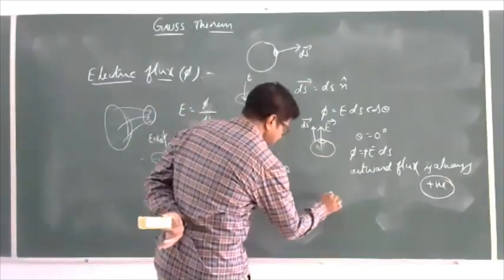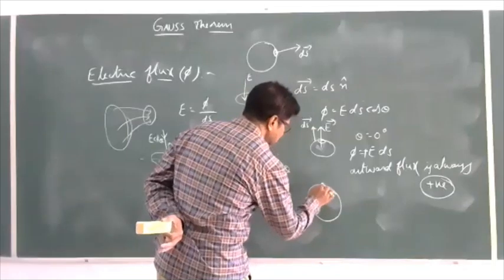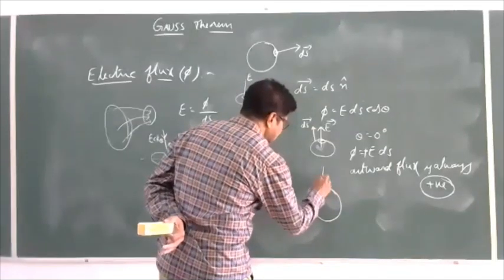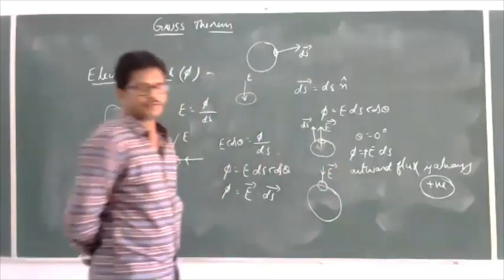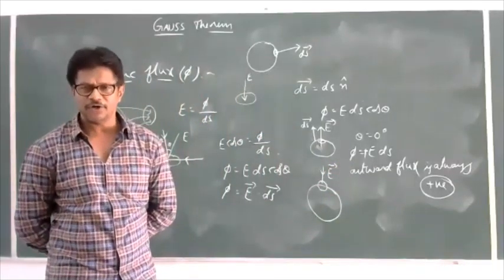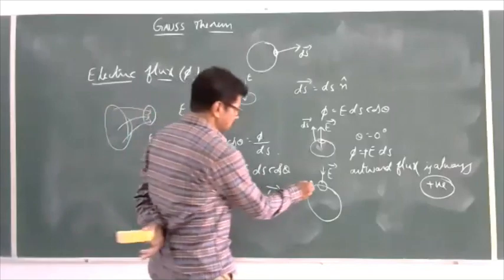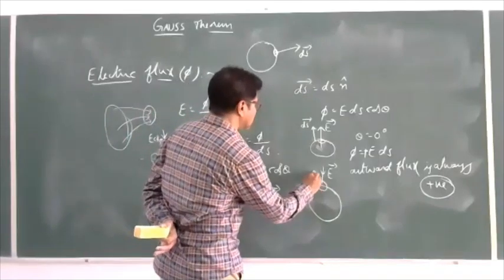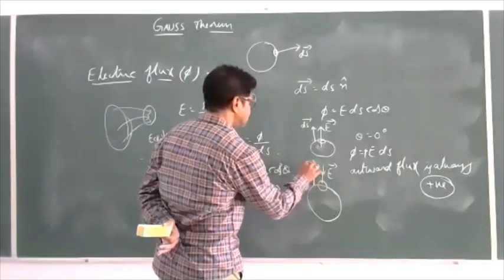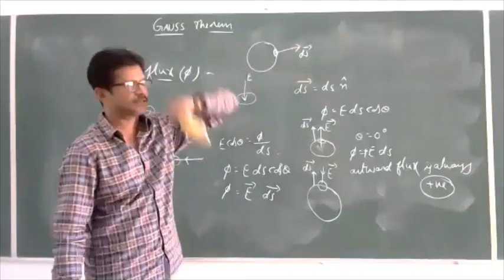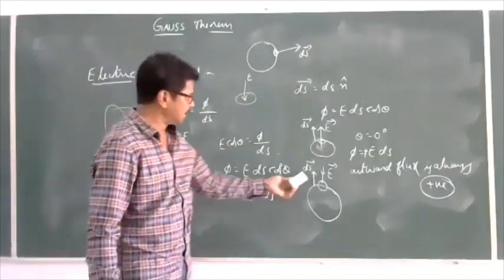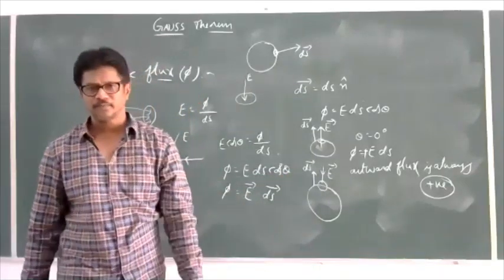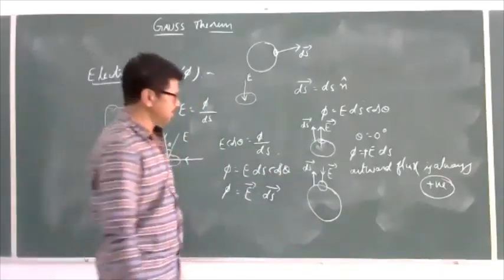Whereas if the electric intensity is inwards, but as we know the areal vector is always outwards, then what is the angle between these two?